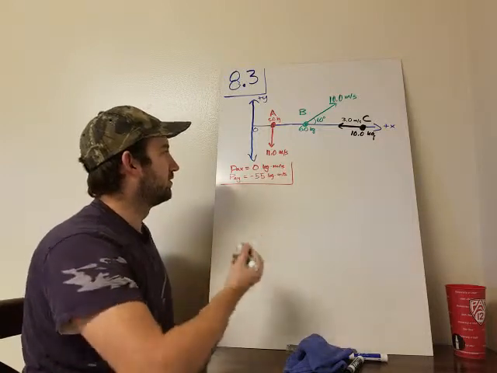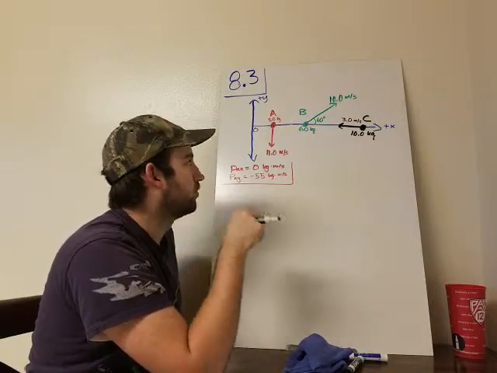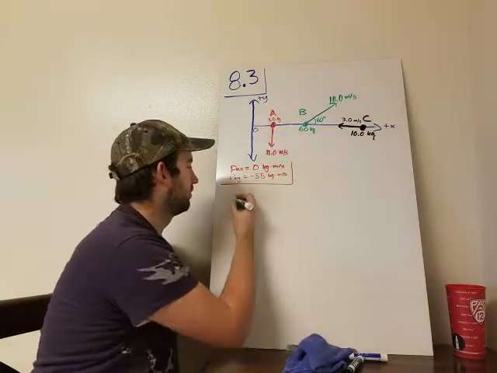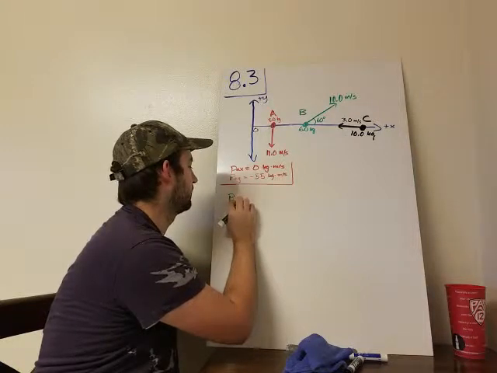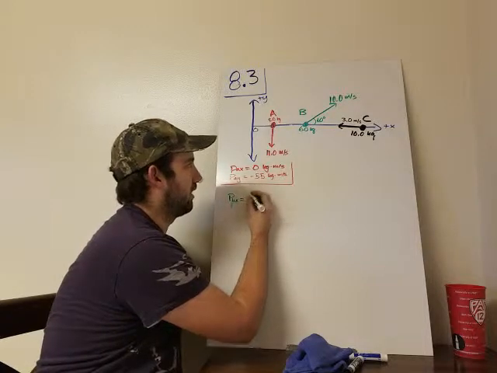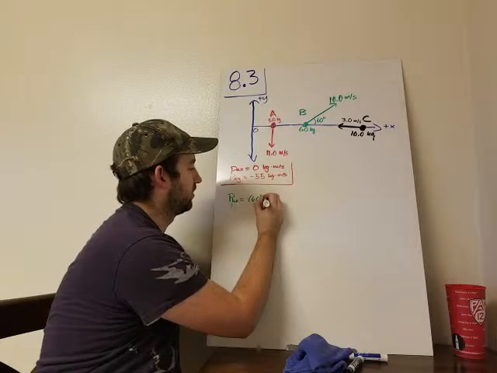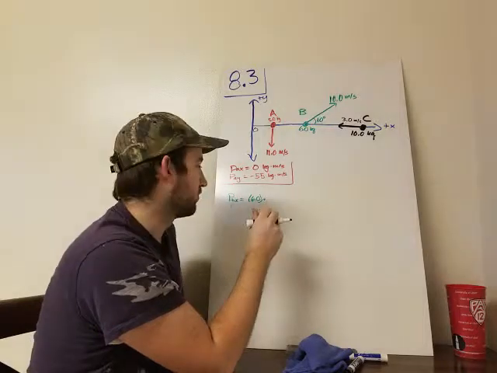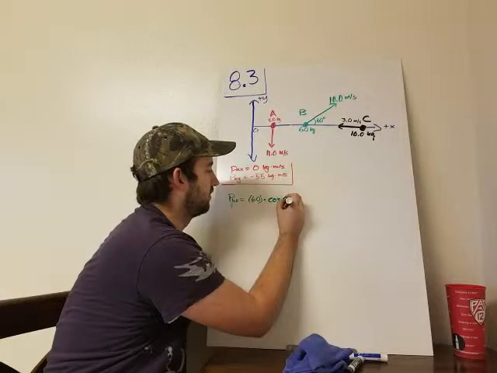Now we need to find it for B. Since there is an angle given, we will need to figure that out. We'll do x first. So P BX equals the mass, so 6, times, since we're looking for the x, we need to use cosine of 60 degrees.